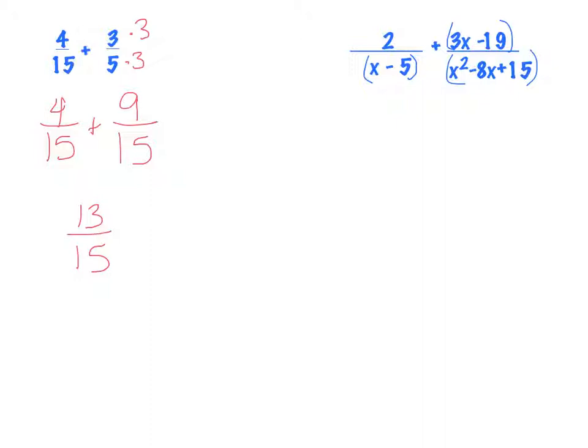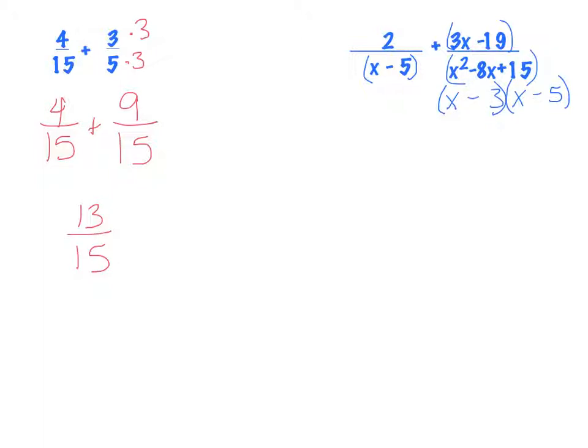I was going to look at the numerator and I thought, oh, maybe there's a GCF that can come out of that, but there's not. But this one here definitely factors into two binomials. So we could call that x and x, 5 and 3, they're both minuses.